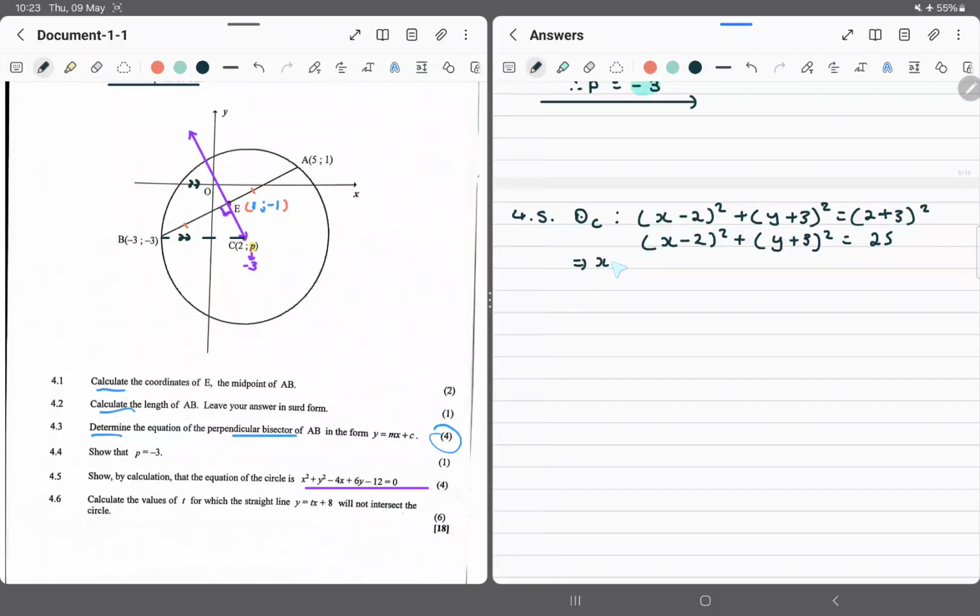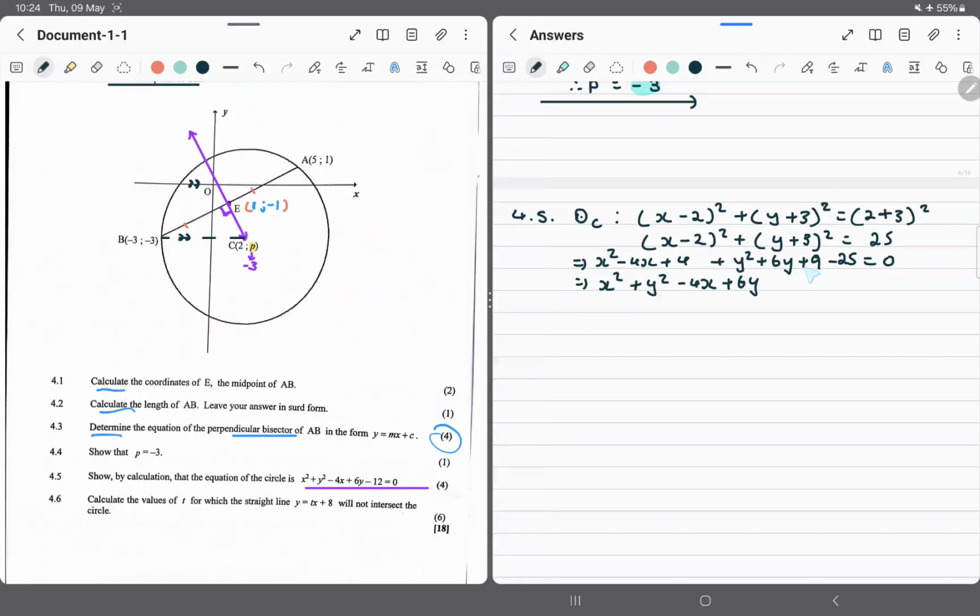This implies that we've got x squared minus 4x plus 4, plus y squared plus 6y plus 9 minus 25 is equal to 0. This is x squared plus y squared minus 4x plus 6y.